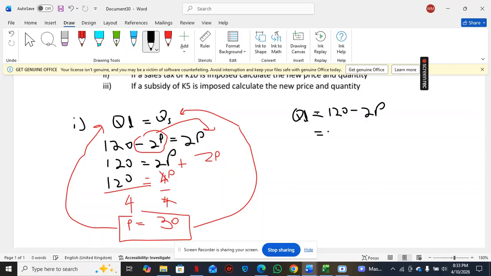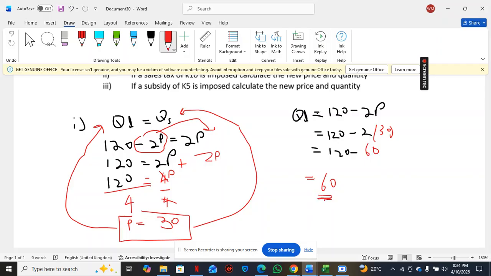We have to substitute P with 30, so that's 120 minus 2 times 30. 2 times 30, that is 60. So 120 minus 60 gives us 60. And that's the equilibrium quantity.